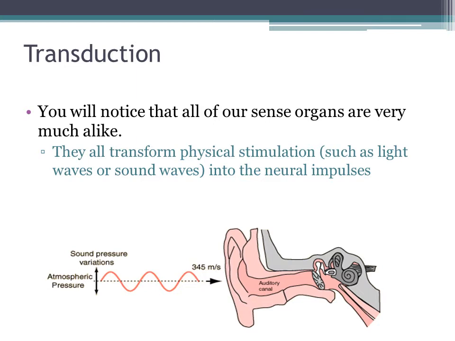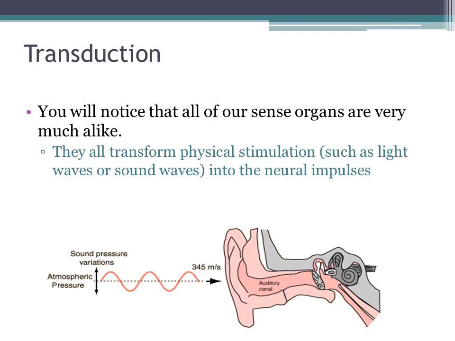The neural impulses, or neurons. So transduction is when they all transfer the physical stimulus, the light, the sound waves, or maybe even the odor, into neural impulses. So you have the sound vibrations entering the ear.